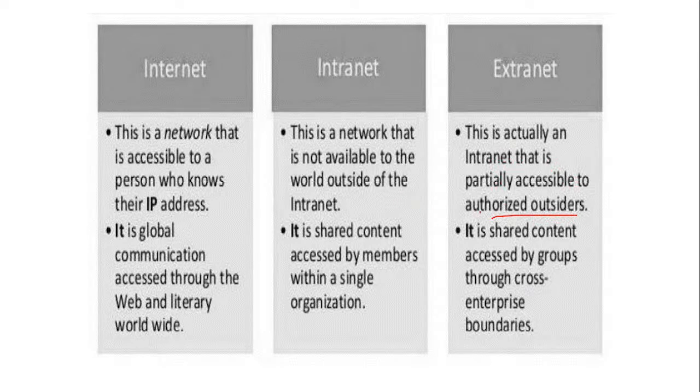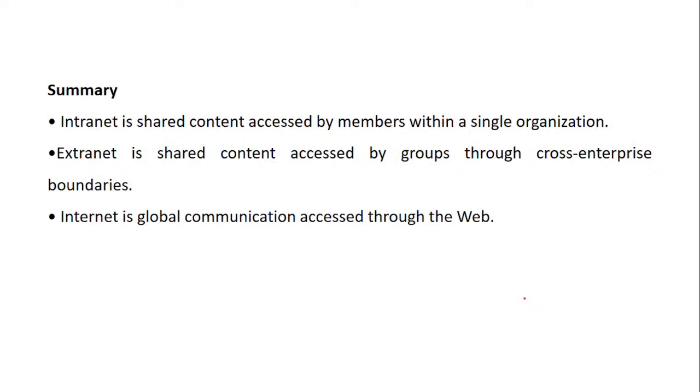Very clearly it is mentioned over here. Internet is global communication accessed through the web and the World Wide Web; intranet by the members of the organization; and extranet by groups outside the organization, or cross-enterprise boundaries. Okay.